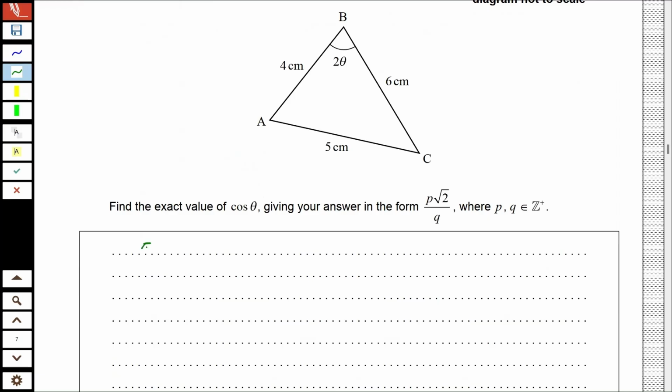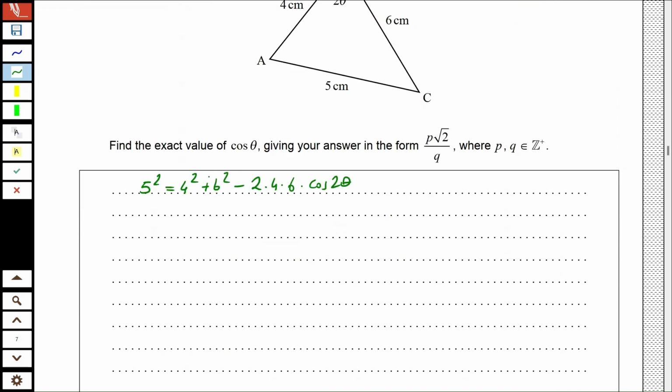It is 5 squared equals 4 squared plus 6 squared minus 2 times 4 times 6 times cosine 2 theta. From here, you can write 25 equals 16 plus 36 minus 48 times cosine 2 theta, which is 48 times cosine 2 theta equals 52 minus 25.